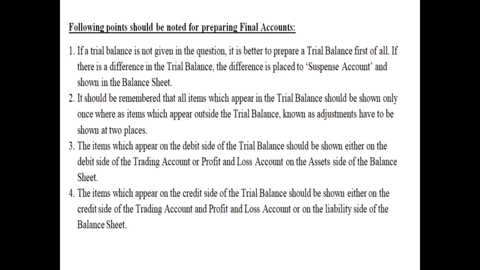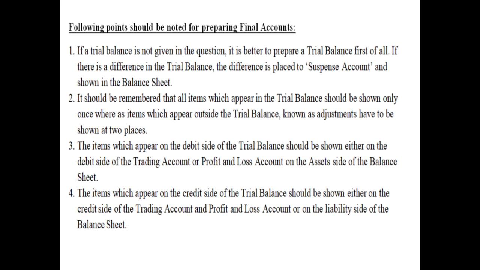If those debit items are indirect expenses or losses, that will be shown on the debit side of the profit and loss account. And if those debit items are any personal or real account, then that will be shown on the asset side of the balance sheet.